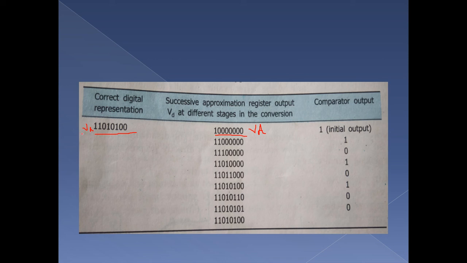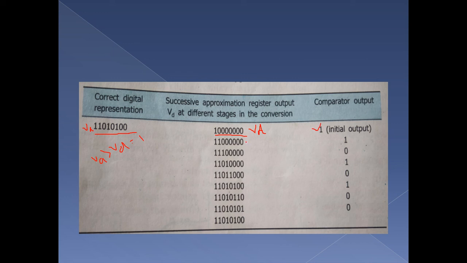The first bit is 1 and here it is 1, the second bit is 1 and here it is 0. So VA is greater than VD, and the comparator output will be 1.